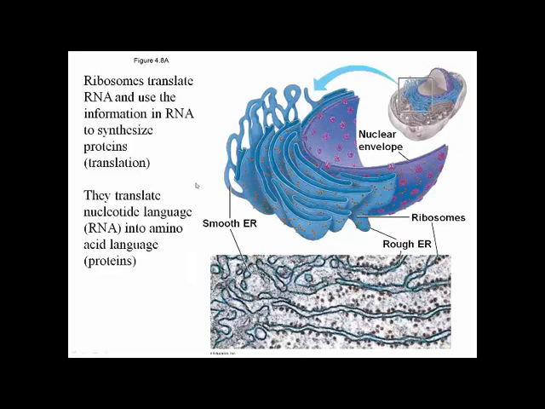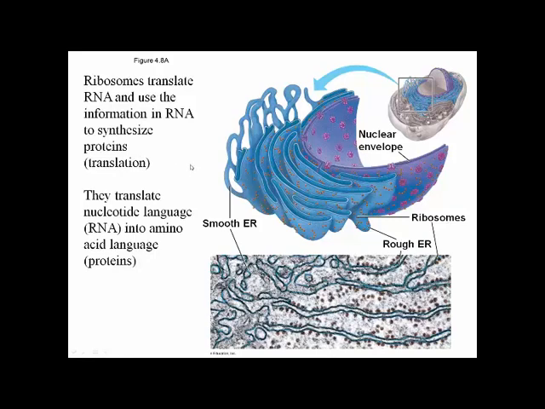So the ribosomes are actually out in the cytoplasm of the cell. Once they get assembled into their pieces, they're sent out into the cytoplasm. mRNA is transcribed, and the mRNA is sent out into the cytoplasm, where the ribosome grabs hold of it and starts the translation, starts to synthesize the protein.